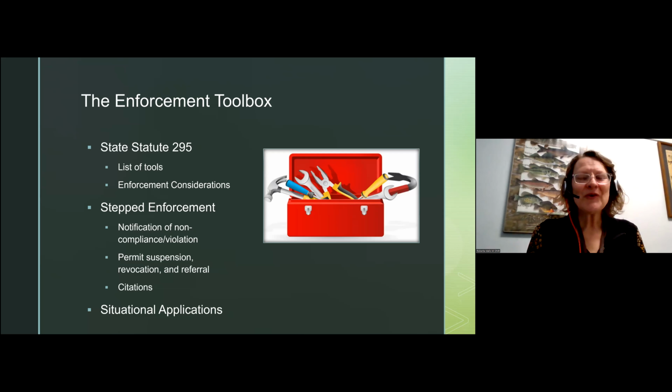We're slated to go for about an hour and a half today. How long we make it, I'm going to call on you to help fill in towards the end, sharing some of your experiences and asking some specific questions. We'll take a look at your enforcement tools as given to you under the state statute, and then talk a little bit about stepped enforcement. I introduced that last month, and we're going to expound on it.